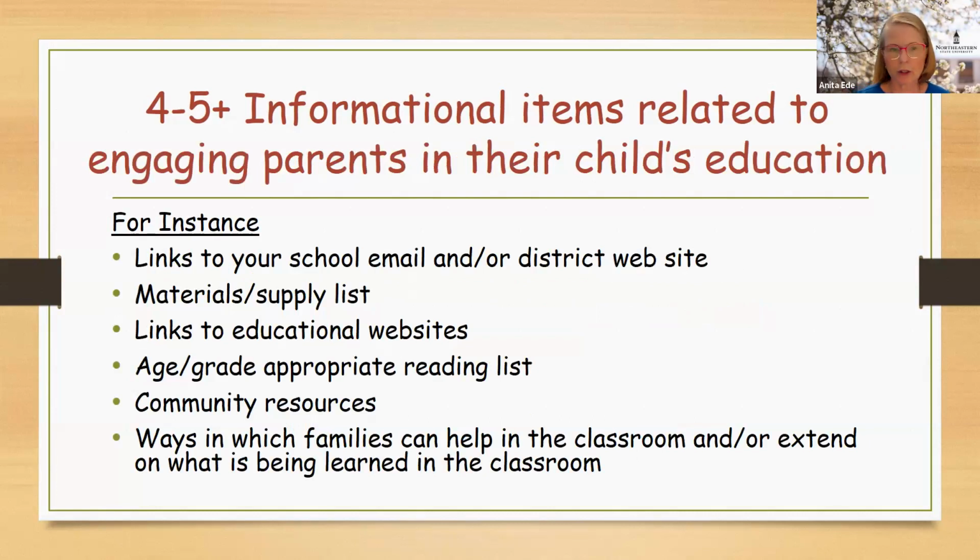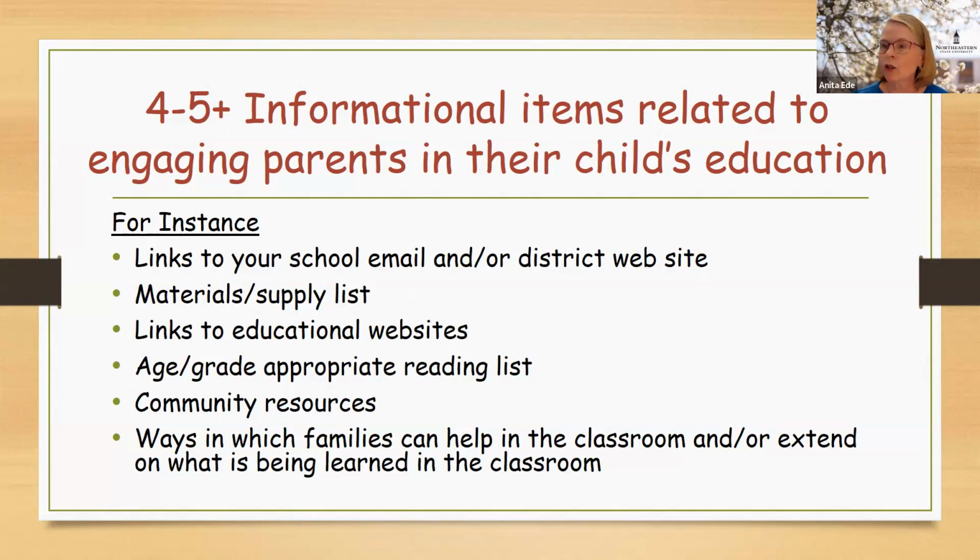Next thing you're going to look at is 4 to 5 informational items related to engaging parents in their child's education, because we all know when parents are engaged, children learn better. For instance, links to your school email. If you don't have a school email because you're a full-time student, if that's okay, make one up. Links to the made-up district website if you don't have one. Materials list, supply list.